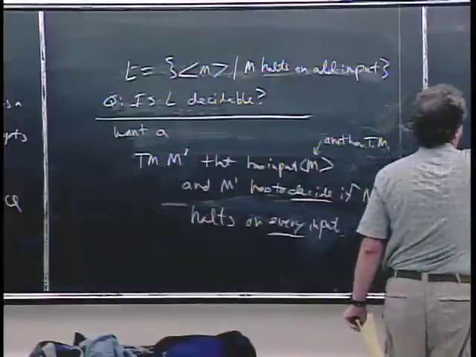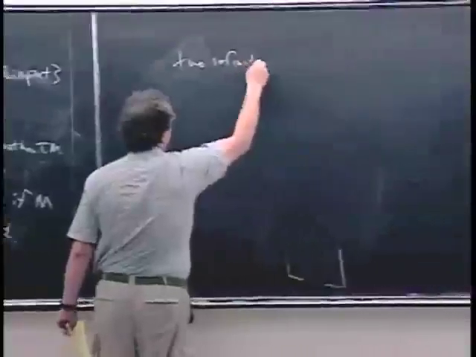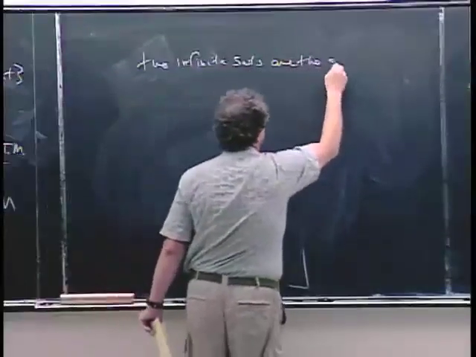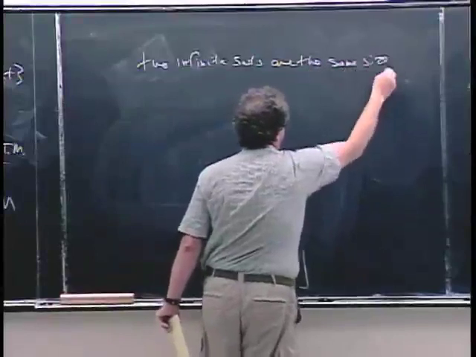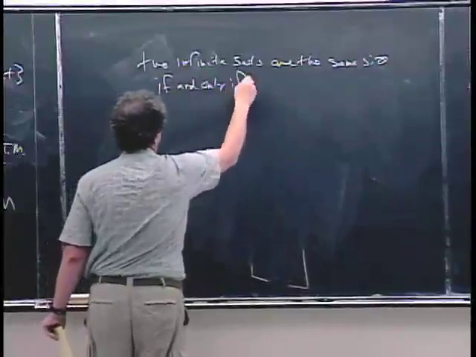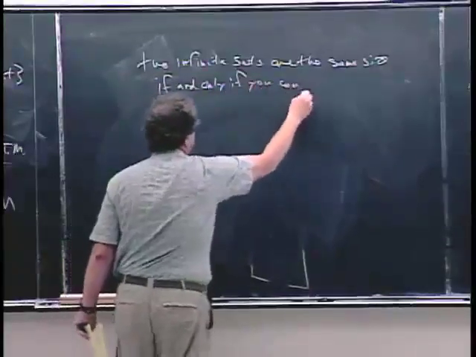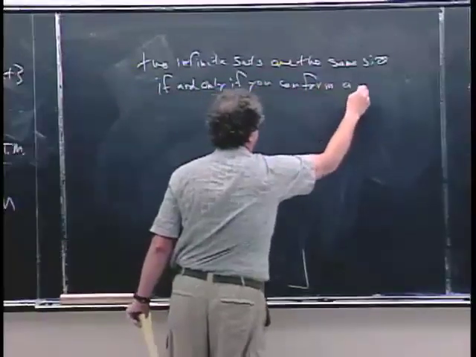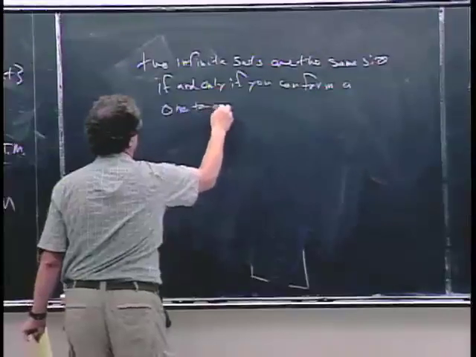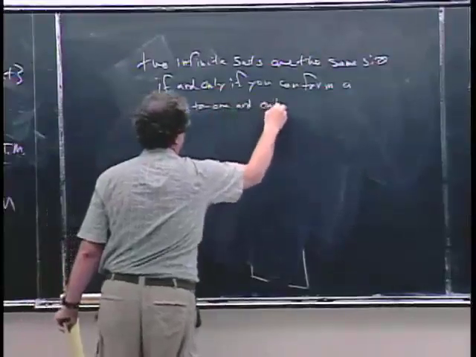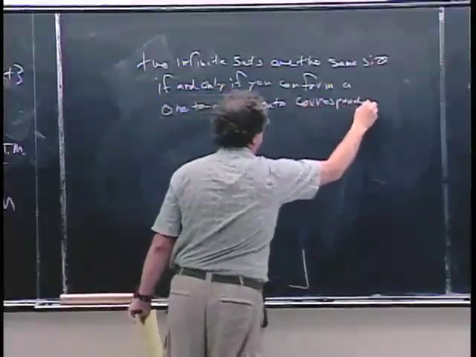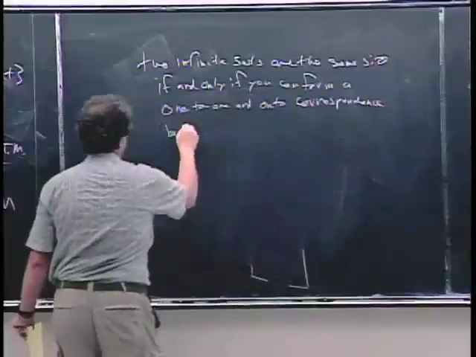Two infinite sets are the same size if and only if you can form a one-to-one and onto correspondence between the sets.